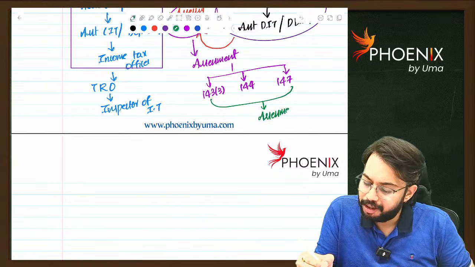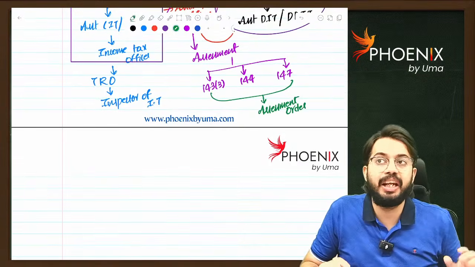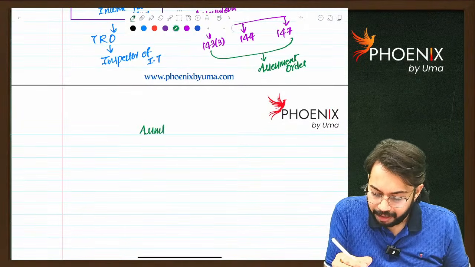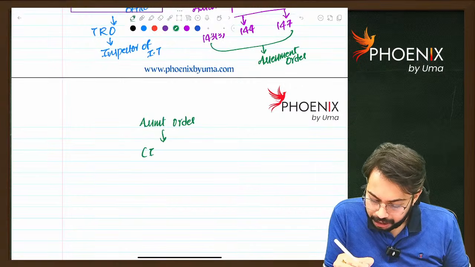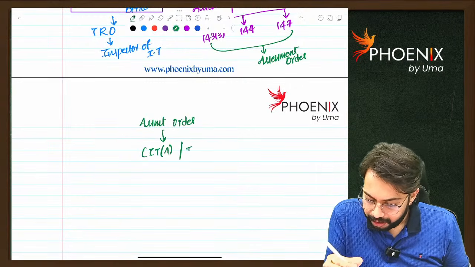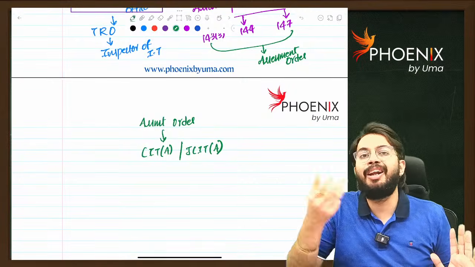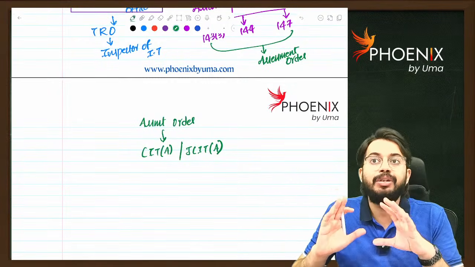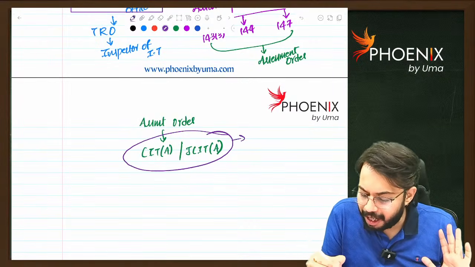This assessment order can be challenged in CIT Appeals. Whatever the assessment order is, that can be challenged either at CIT Appeals or JCIT Appeals. CIT Appeals, JCIT Appeals are not outside, they are within the income tax department. So CIT Appeals, JCIT Appeals we can also call as income tax authorities.